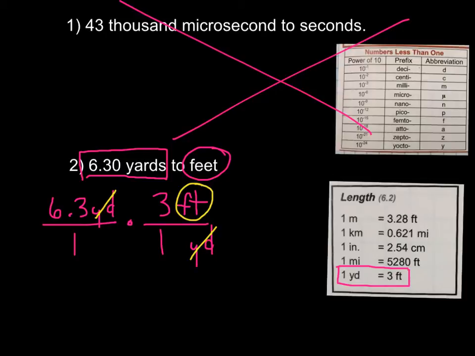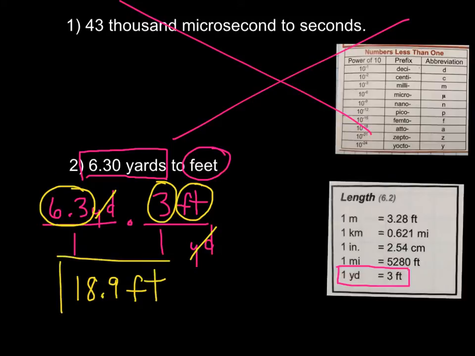So we take 6.3 and multiply it by 3, and we get 18.9 feet. So this is going to be our final answer. Okay, let's do another one.